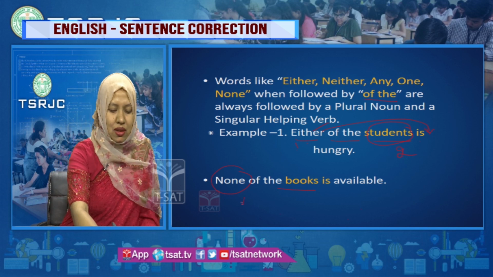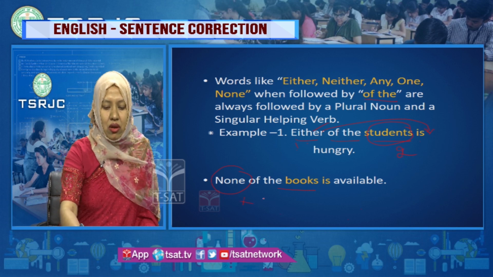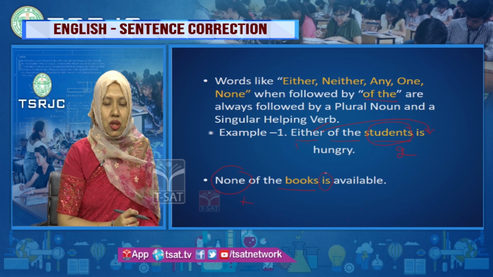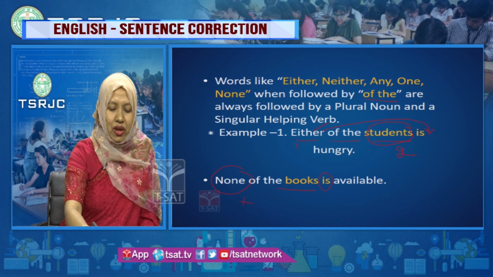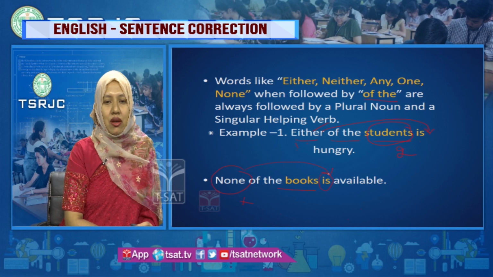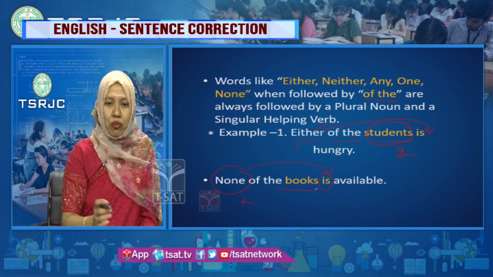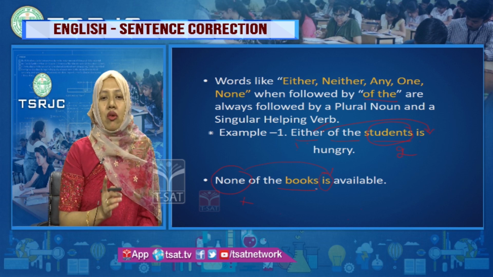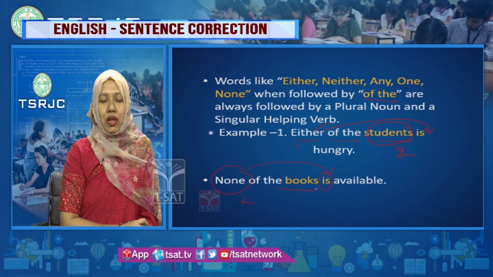So none means nothing. Not even one book is available. That's why along with a singular subject you use a singular helping verb. Whichever book you want, out of so many books, not one book is available in the shop.